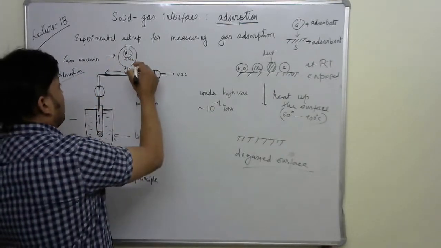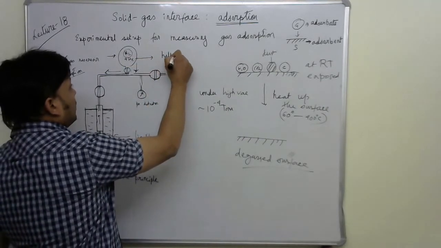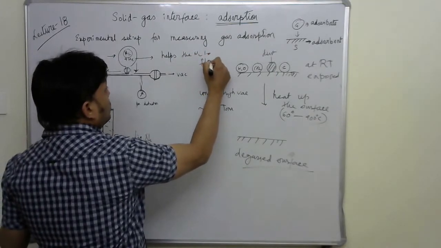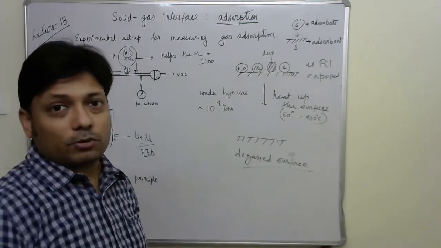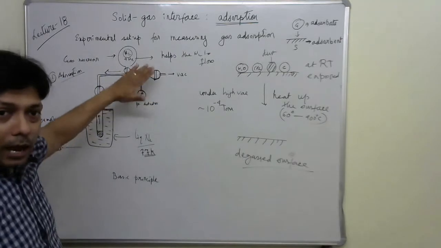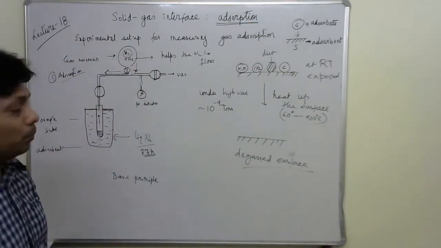The role of helium is nothing, but it helps the nitrogen to flow. Helium acts like a carrier gas in gas chromatography, so it has no role in the adsorption. It just helps to carry the nitrogen gas from the reservoir up to the sample tube.